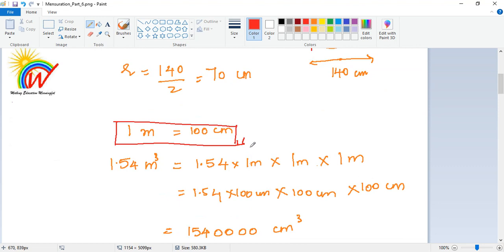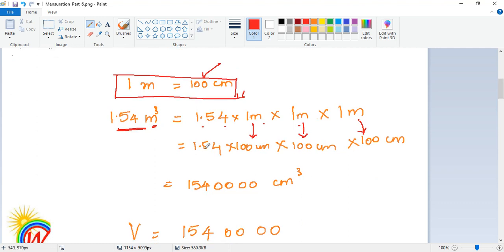So when I say 1.54 meter cube, this means there are 3 meters, isn't it? Meter into meter into meter. So I can write it like this: 1.54 into 1 meter into 1 meter into 1 meter. That is when I will get meter cube. For each 1 meter I am going to put 100 centimeter, so 100 centimeter into 100 centimeter into 100 centimeter. This will turn out to be 1.54 into 100.